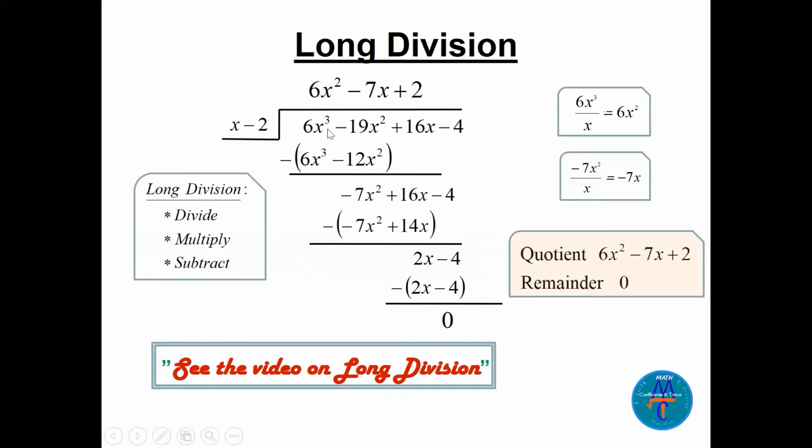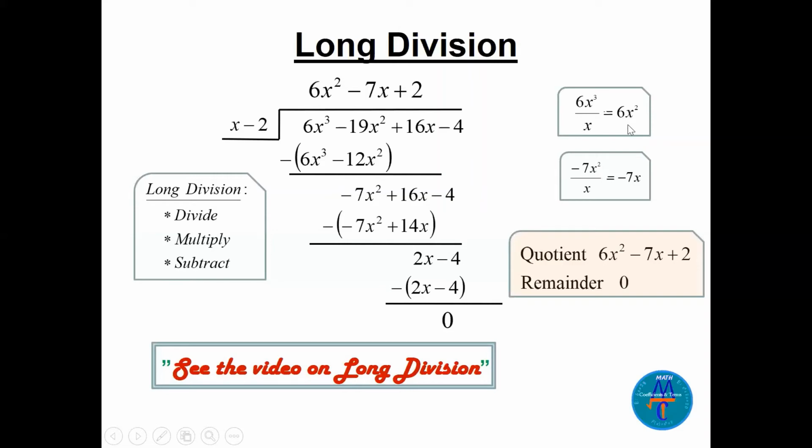So I'm dividing here 6x cubed minus 19x squared plus 16x minus 4. This is the dividend. Divide by x minus 2. You see, this is the method here. I'll just explain quickly. I take the term with the highest power. The powers should be in descending order, starting with the highest down to the lowest. So I take 6x cubed, the highest, divide by x only here.